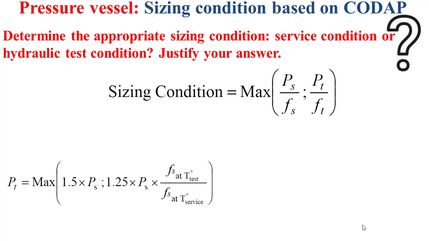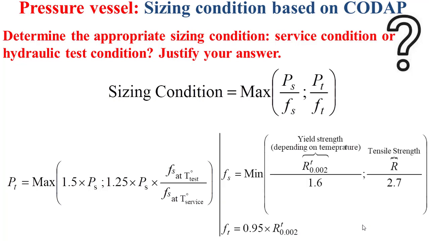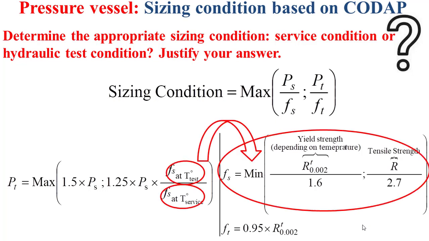So Fs at the temperature of the test or Fs at the temperature of the service are determined using the formula stating that Fs is the minimum between the yield strength, which depends on the temperature, here the yield strength at 0.2% strain, divided by 1.6, and the tensile strength R divided by 2.7.